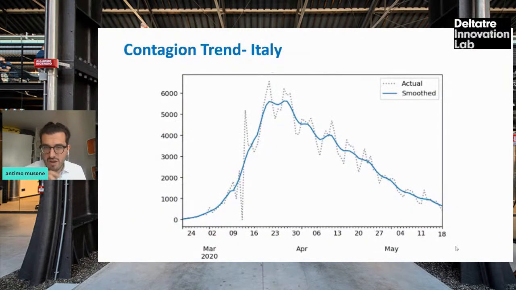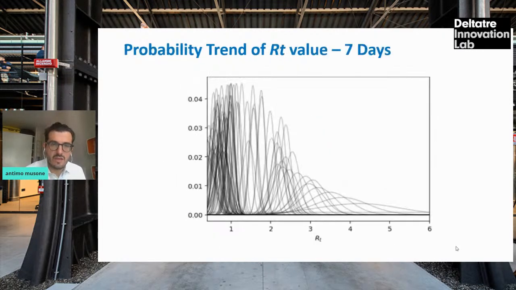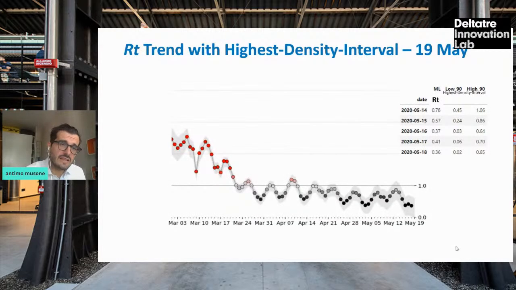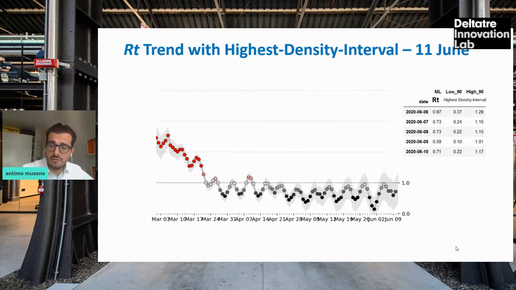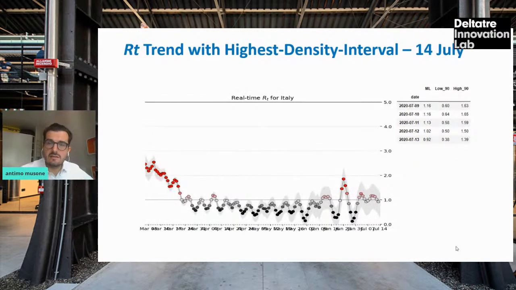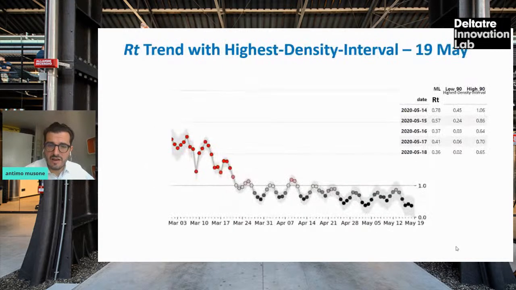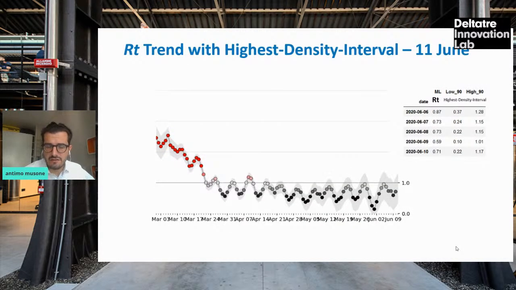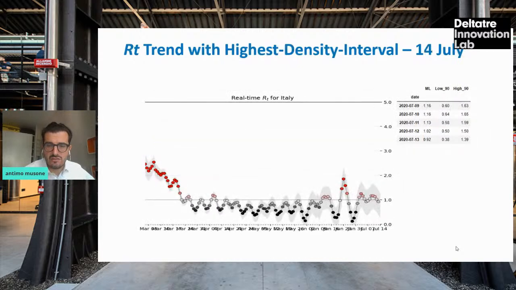These are the contagion trends that you will see inside these notebooks. This is the probability trend of RT value. This is the RT trend updated at 19 May. This is 11 June. And this is today, 4 July. And as you can see, this RT is under one, but is not yet under control.